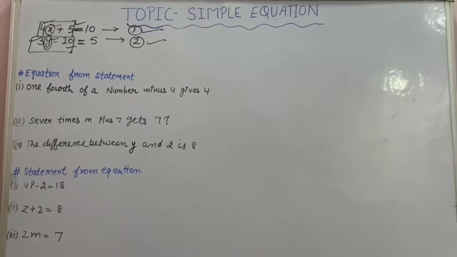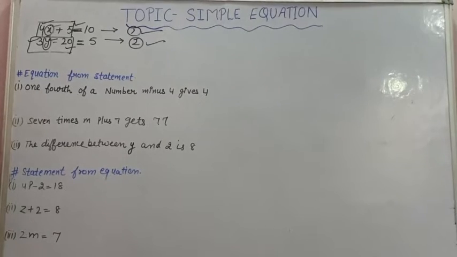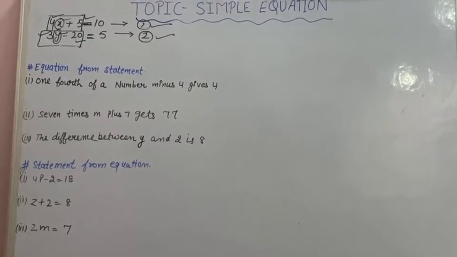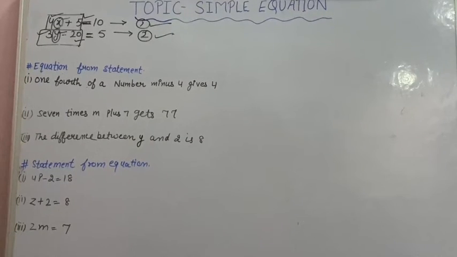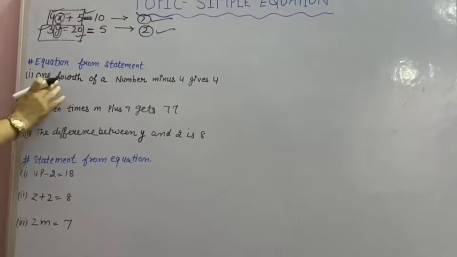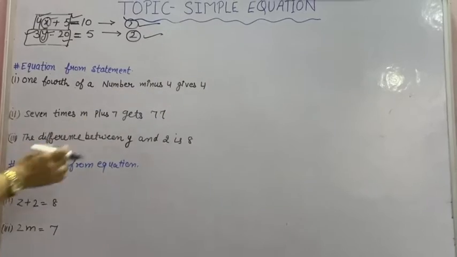In this lecture, we will discuss how we can construct an equation from a statement and a statement from an equation. First of all, we construct an equation from a statement. The first statement: 1/4 of a number minus 4 gives 4.